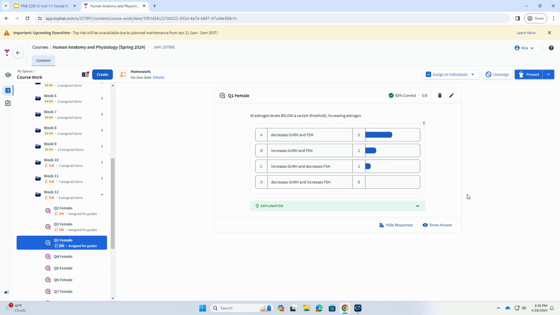Estrogen is low, it's increasing, FSH is decreasing here. Here, we're above the value, estrogen is increasing, FSH is also increasing. So that is why that's the correct answer.